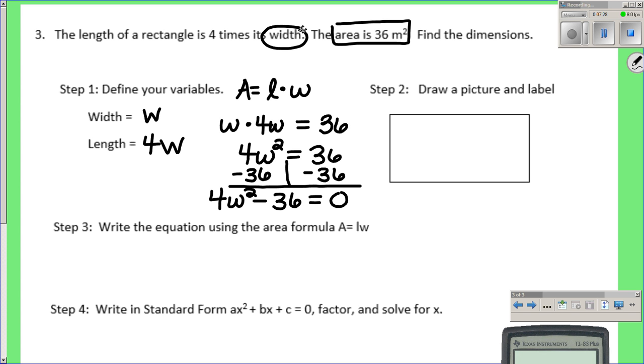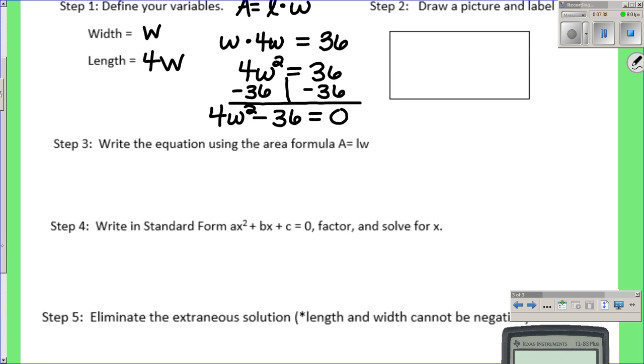And now we have to start using that flow chart to think through our process here. So again, when we factor, step 1, and let me just go ahead and transfer the equation. It says write the equation using the area formula. So our equation is 4w squared minus 36 equals 0. And I kind of skipped a step.